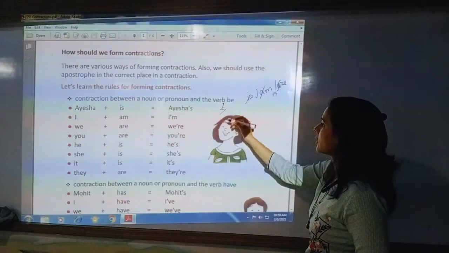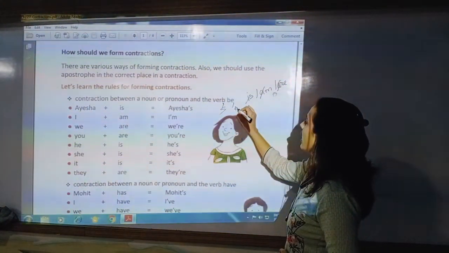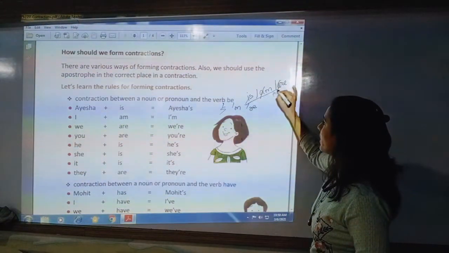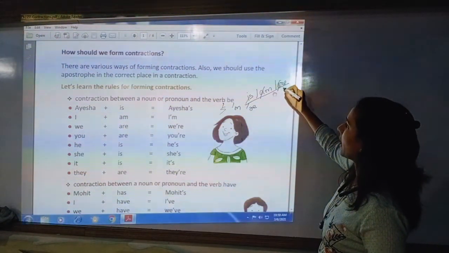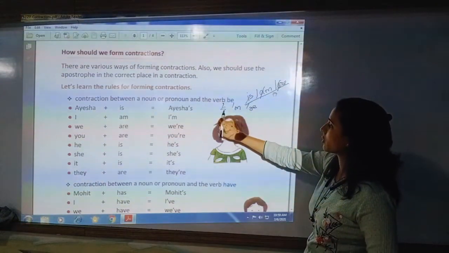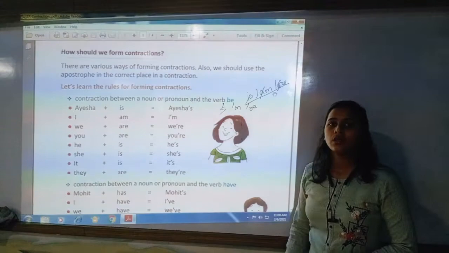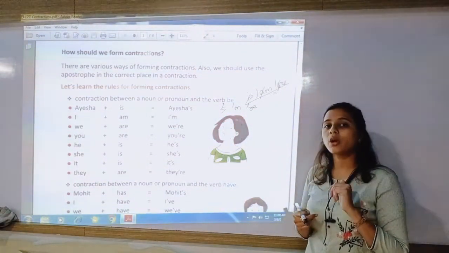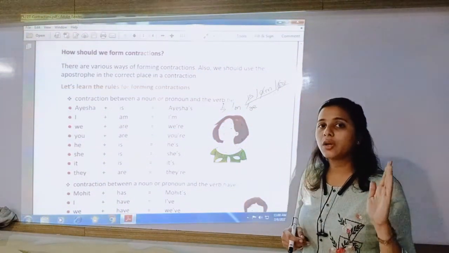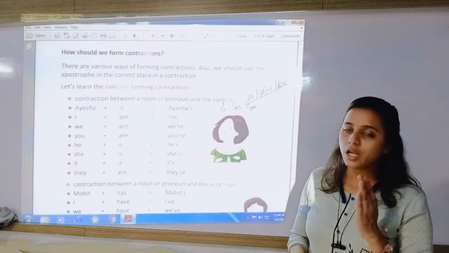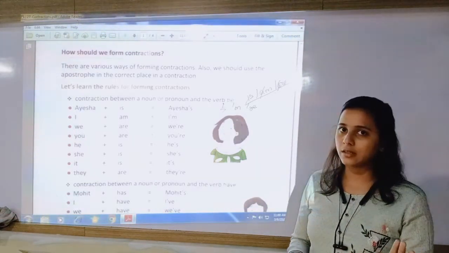Apostrophe S, apostrophe M, apostrophe RE. Instead of is, am, are, it will be written as apostrophe S, apostrophe M, apostrophe RE. So in this way you have to make the contraction. In that you have to eliminate the letters from second word only. First word will be as it is.